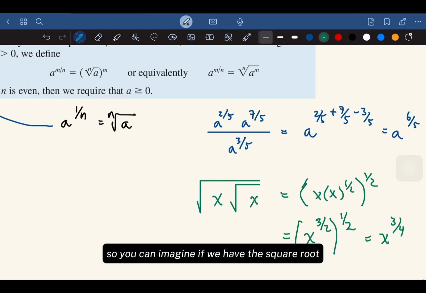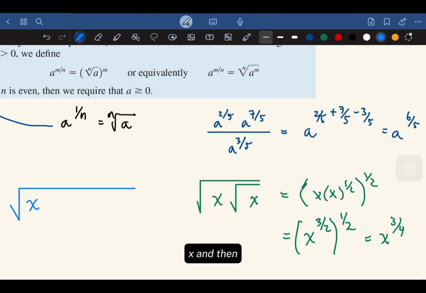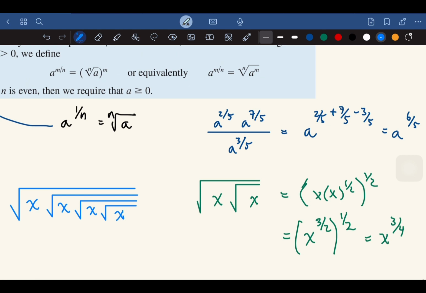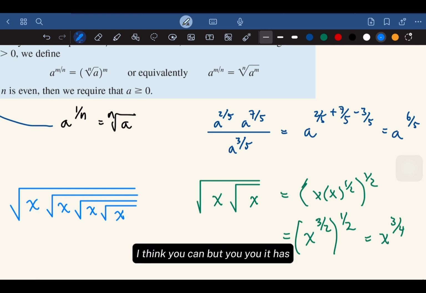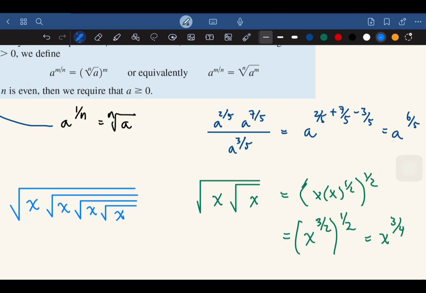So you can imagine if we have the square root of x and then nested again. Can you simplify this? I think you can, but it is just a long writing.